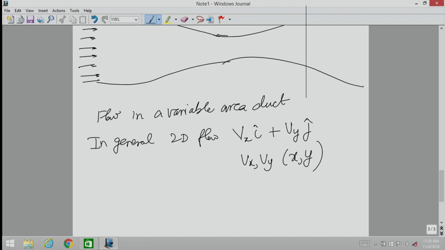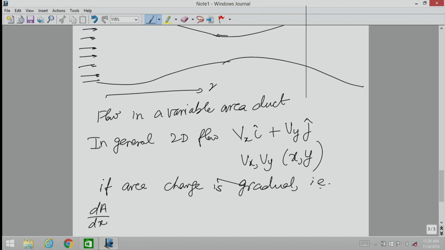This is what you would expect, but if the area change is gradual, that is dA by dx, where x is the direction of flow, is small, then we will have one-dimensional flow.